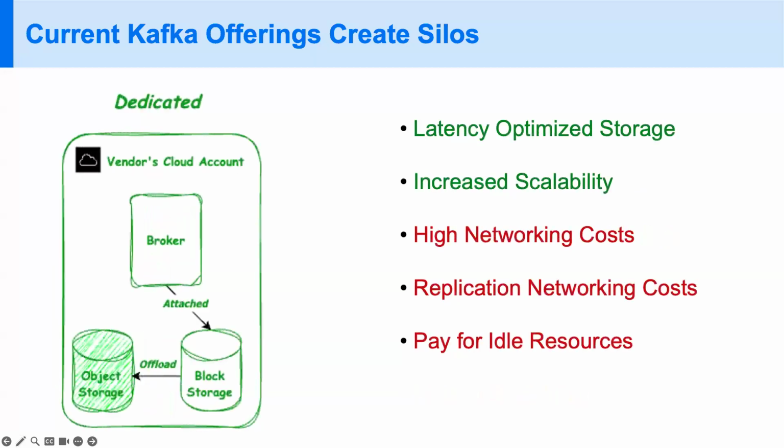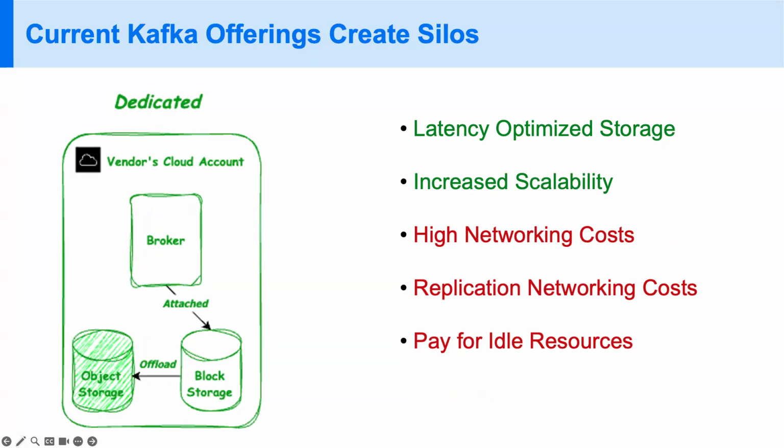The next is the dedicated version, where you get a little bit better. You have latency optimized storage and increased scalability available. It is a fixed cost, so these are resources spun up exclusively for you. Whether you're using them 24 hours or not, you're paying for them.